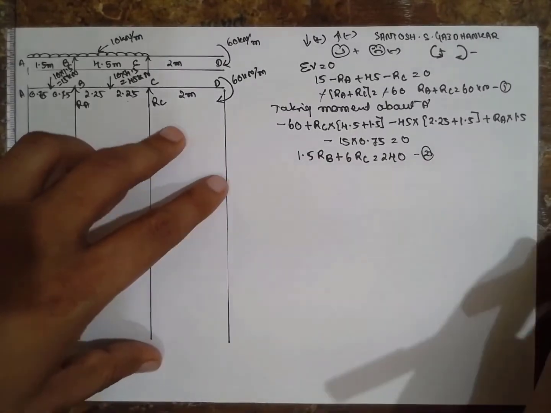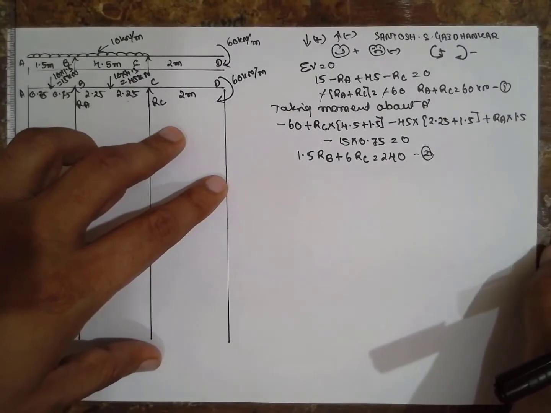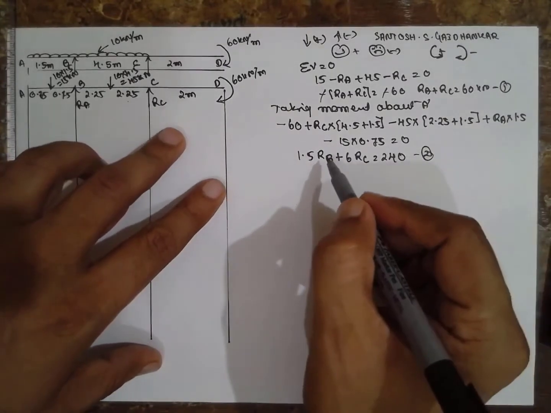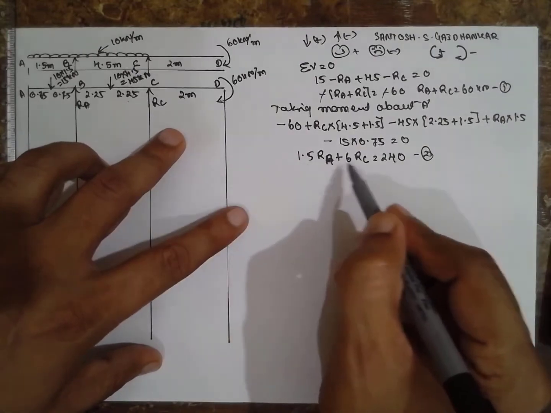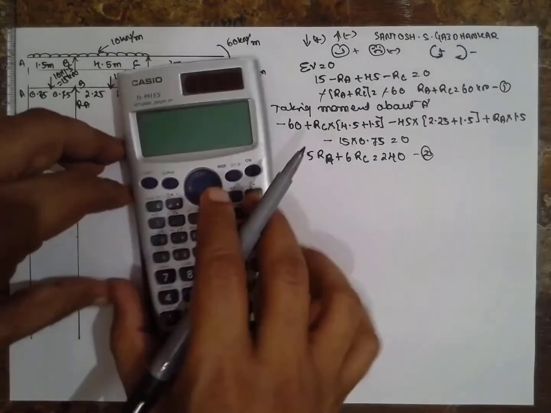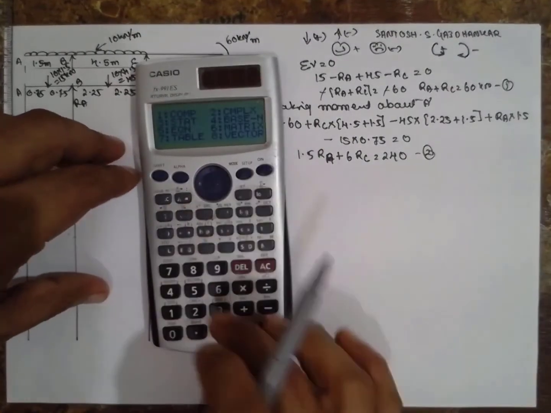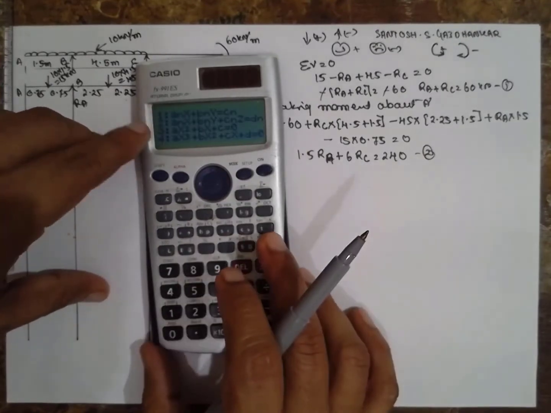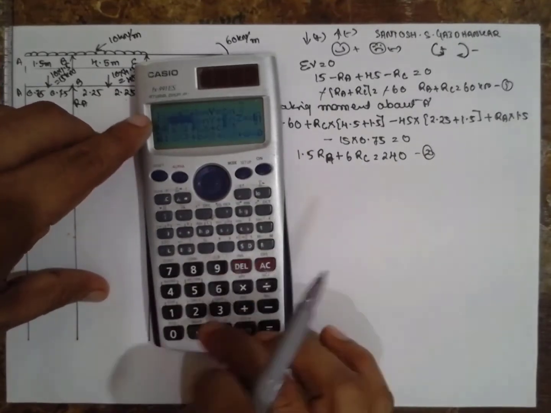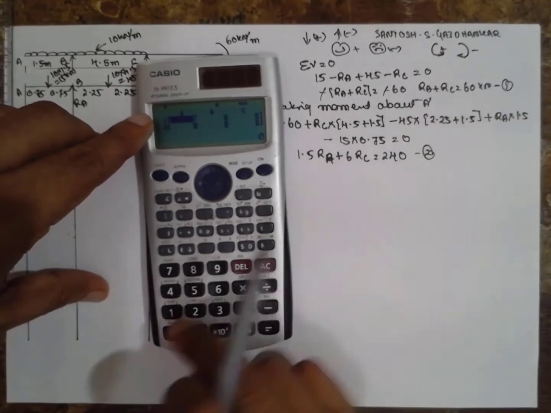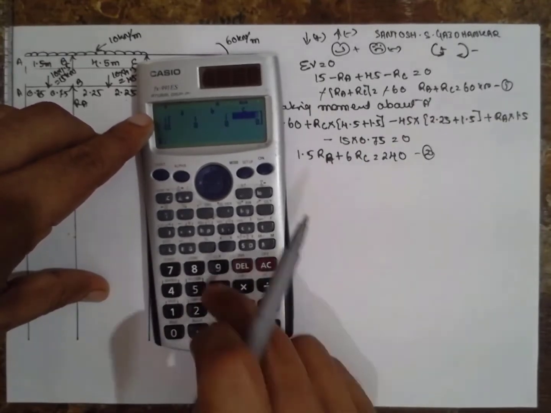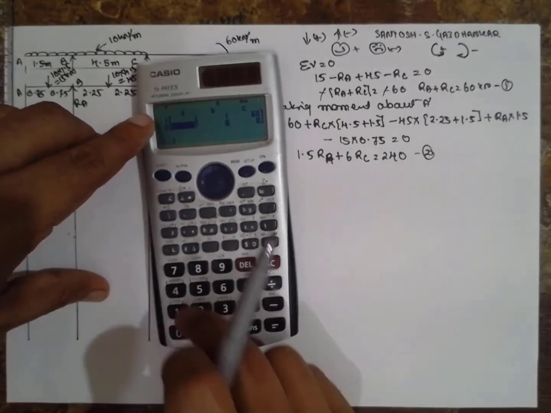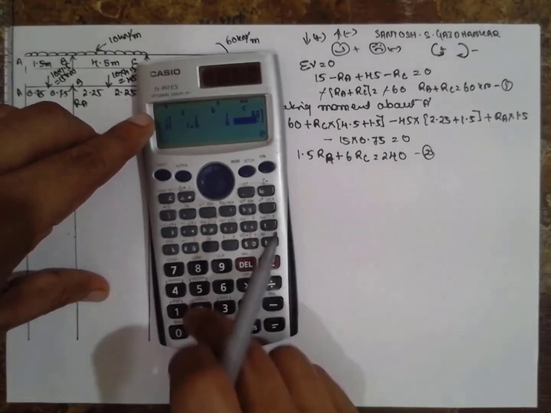Now, with the help of the calculator, equation 1 is RA plus RC equal to 60, and equation 2 is 1.5 RA plus 6 RC equal to 240. Now, with the help of the calculator, first value is 1, 1, 60, here 1.5, 6, 240.